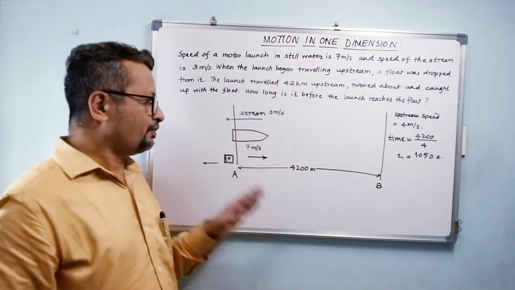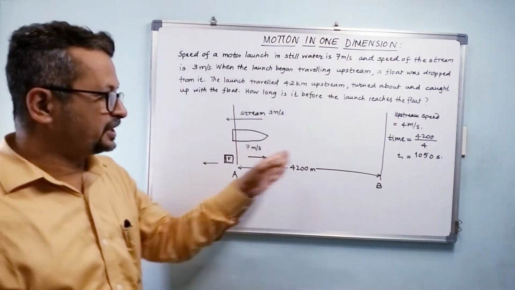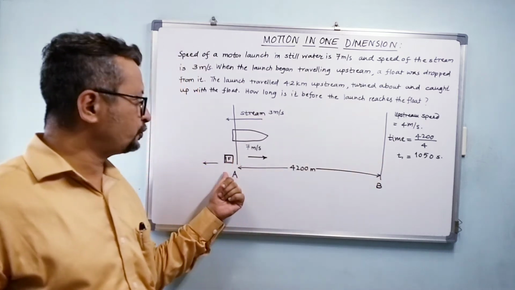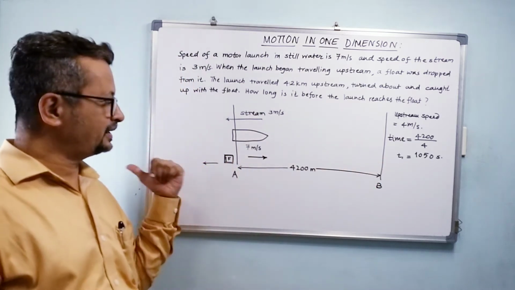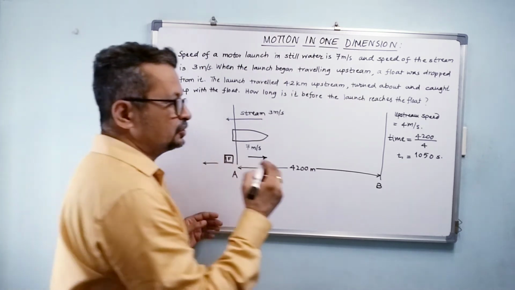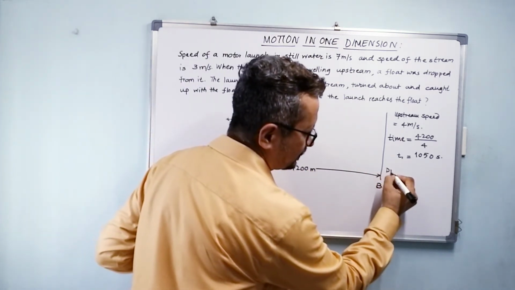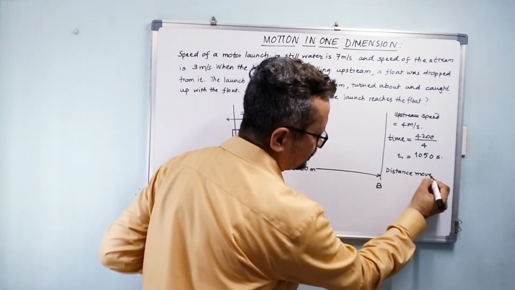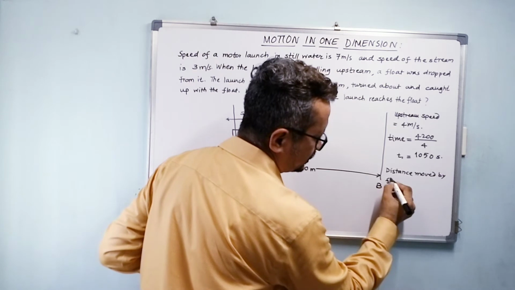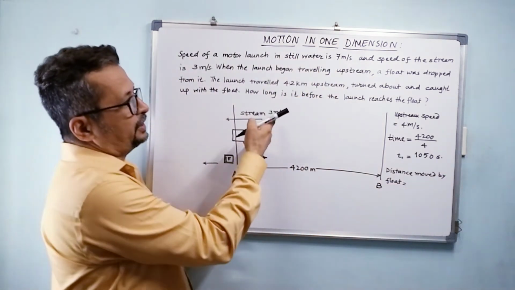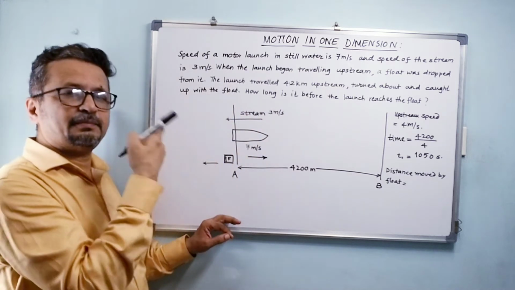Now by the time my launch reaches 4200 meter, my float would move how much distance on this side? Let us find that out. Speed would be 3 meter per second. So distance moved by float is equal to speed multiplied by time.